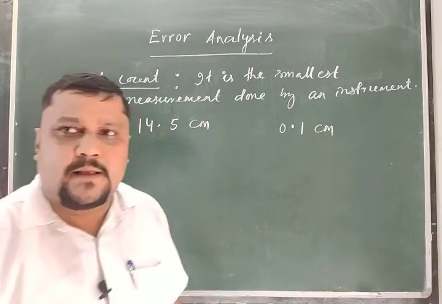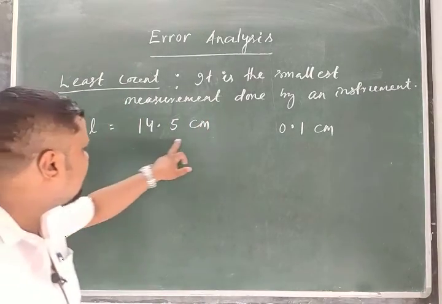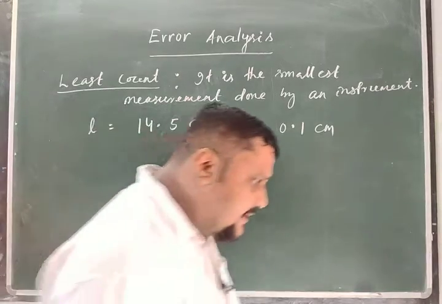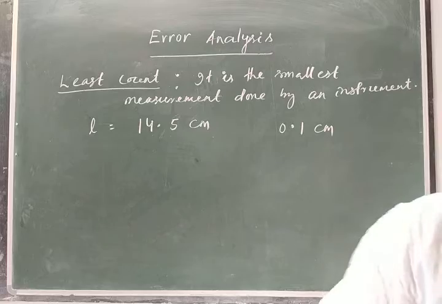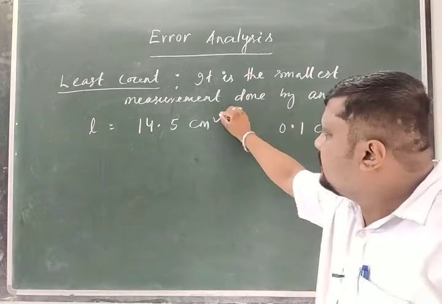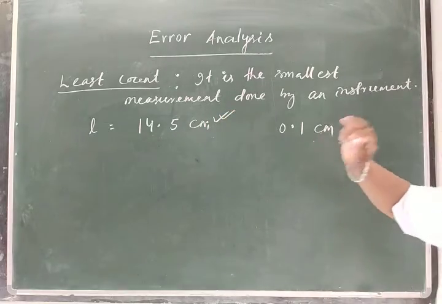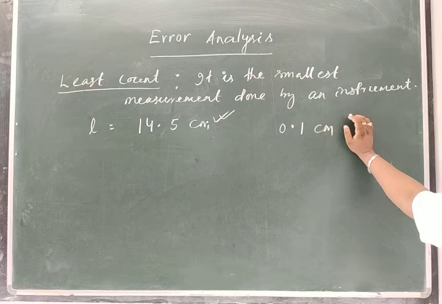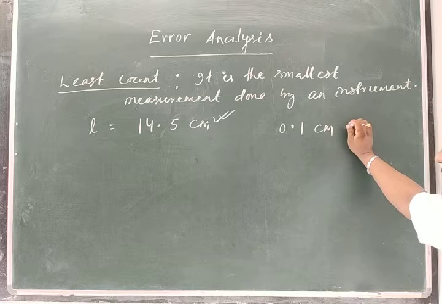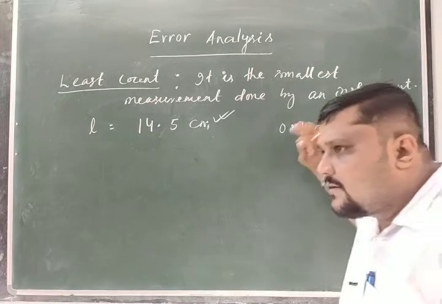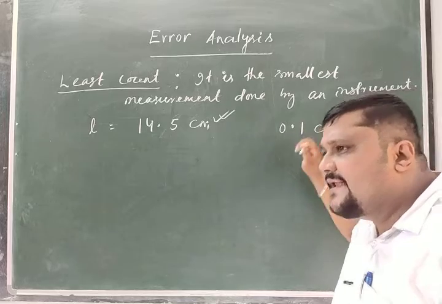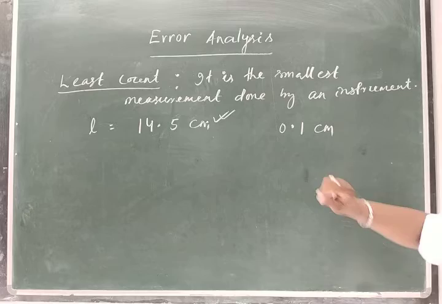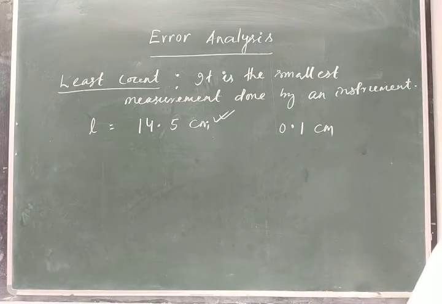Got it? If I write the length of this duster is this much, then by knowing the measured value, I can say that the distance is measured by a meter scale, or a device whose smallest division is 0.1 cm.